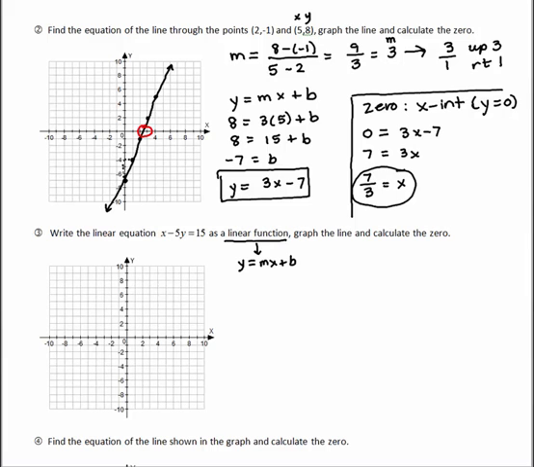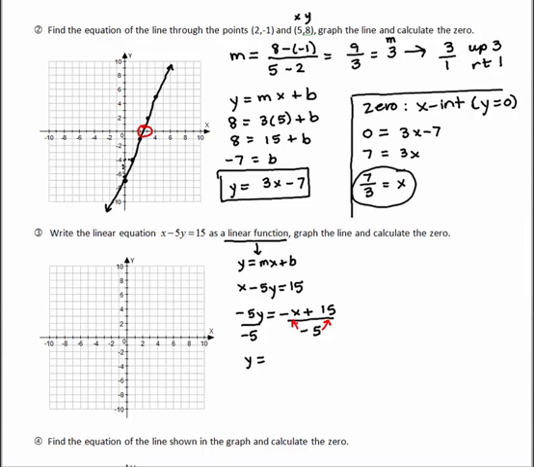So if I start with the equation I was given, x minus 5y equals 15, and my goal is to get y by itself, I'm going to begin by subtracting the x. So negative 5y will equal minus x plus 15. And then I'm going to divide by negative 5. But just a little reminder here, be really careful of your algebra on the right-hand side. That negative 5 is going to have to divide into both terms.